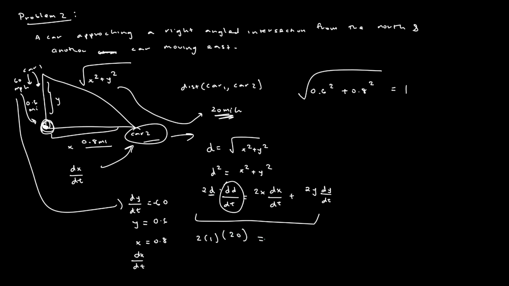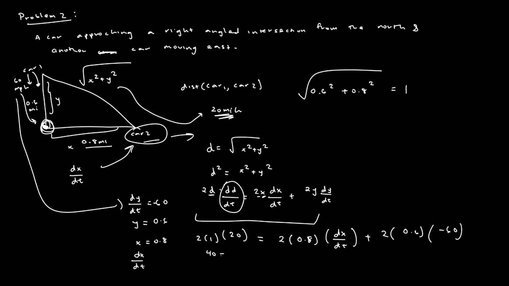And that is equal to 2 times the current distance x. So 2 times 0.8, and then we know dx over dt is what we're trying to solve for, plus 2 times 0.6 over here times negative 60. Now we can simply solve for dx over dt by simplifying.